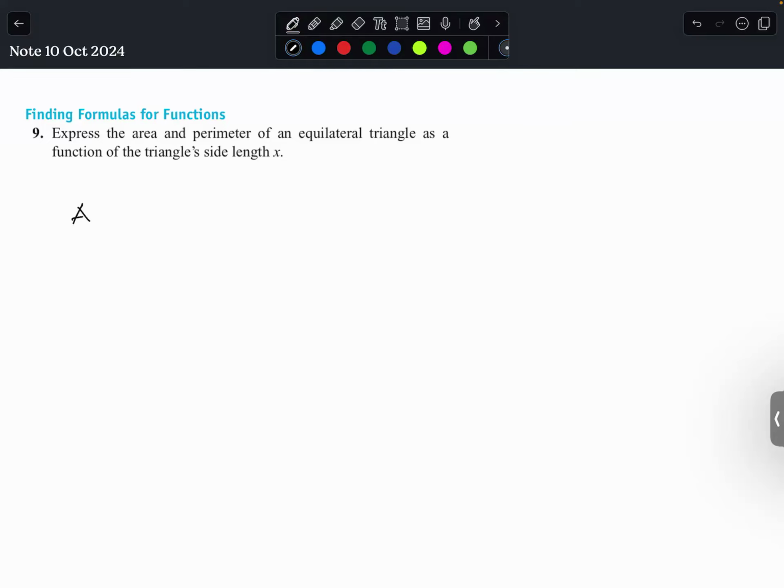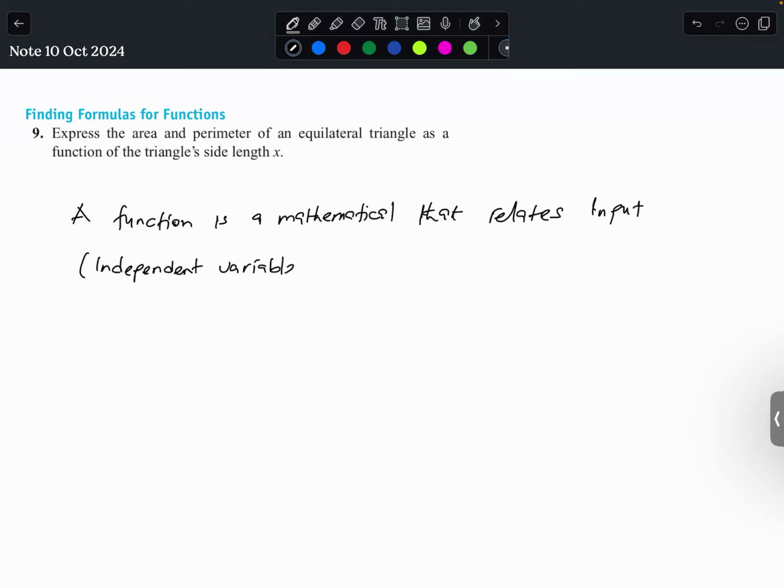We said that a function is a mathematical model that relates an input, this is the independent variable, to an output, which in this case is your dependent variable.